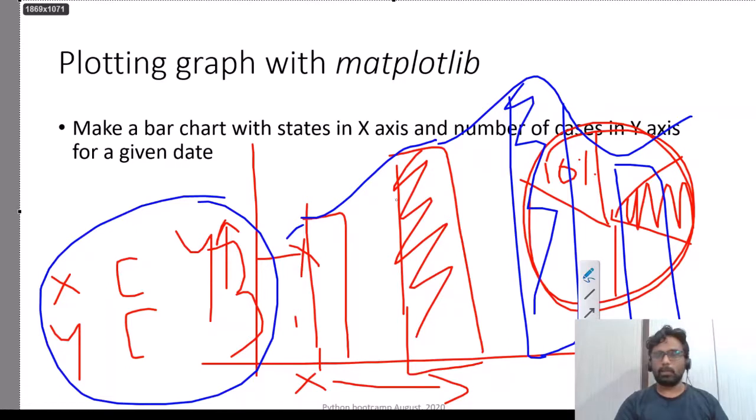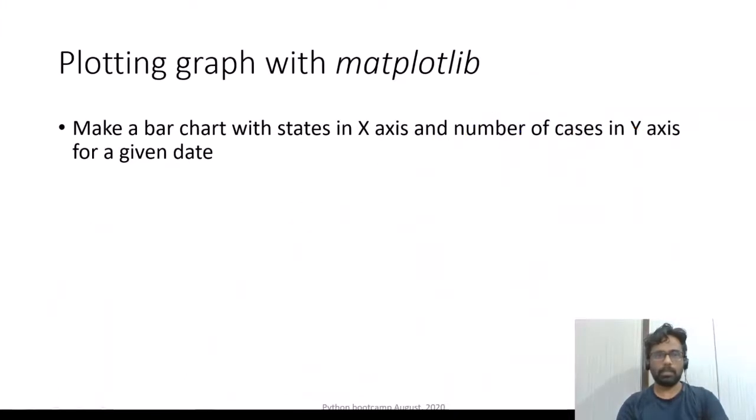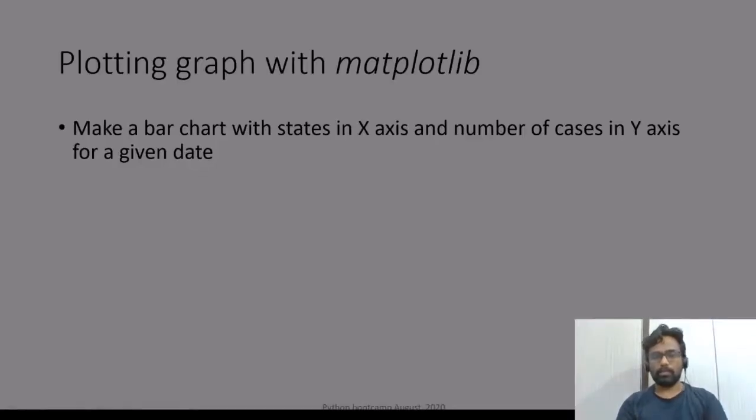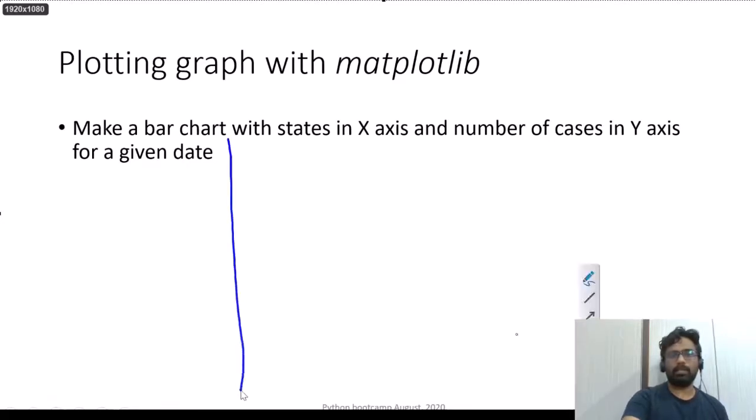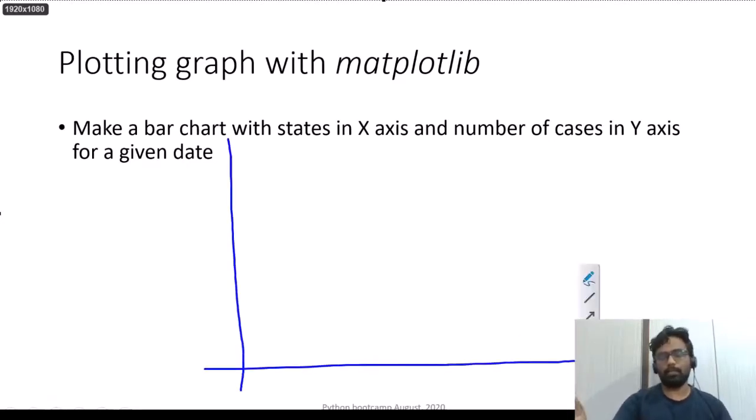Okay. So let us look at our problem statement. The problem statement is: make a bar chart with states in x-axis and number of cases in y-axis. What this essentially means is, if you remember our requirement, we also had an additional requirement where in the mail, right now we are sending 3 types of data.